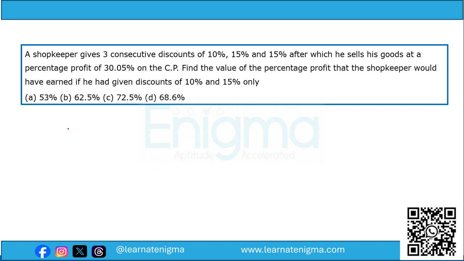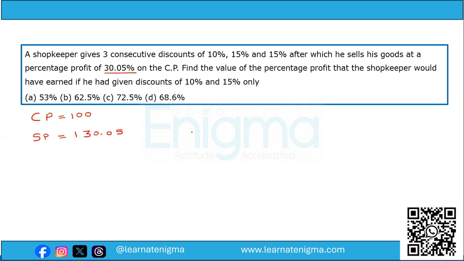Now, let's assume the cost price to be 100. After the three discounts, the shopkeeper is earning a profit of 30.05%. So we can say that the final selling price is 130.05.